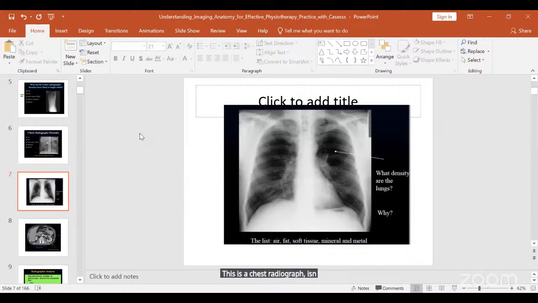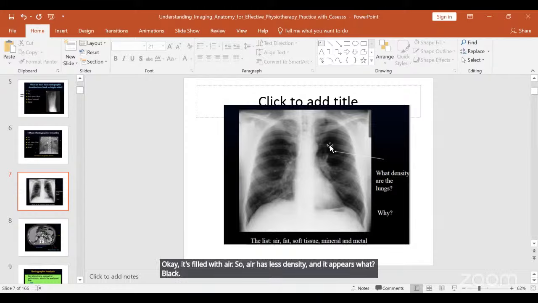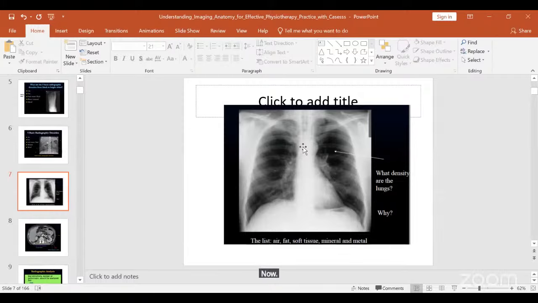And I have a very quick question. This area that is black, why is it black? Because there's air. Air where? Air in the lungs. All right. This is the lungs area, and the lung on expansion is filled with air. So air has less density and it appears what? Black. Now, but look at this.